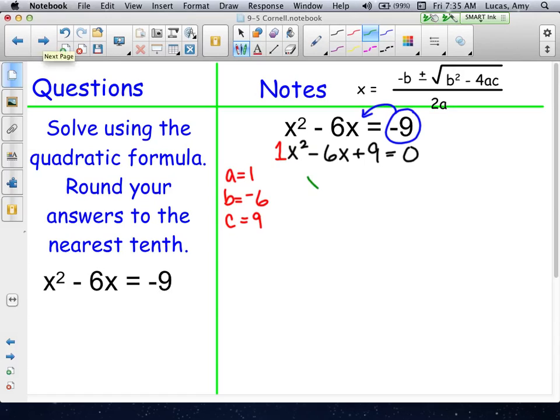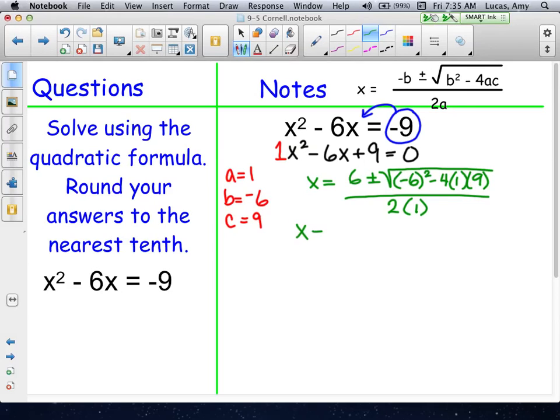So x equals the opposite of B. The opposite of negative 6 is positive 6, plus or minus the square root of negative 6 squared minus 4 times 1 times 9. All divided by 2 times A, and A is 1.